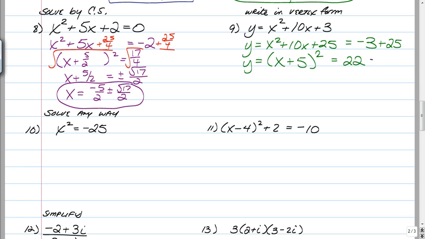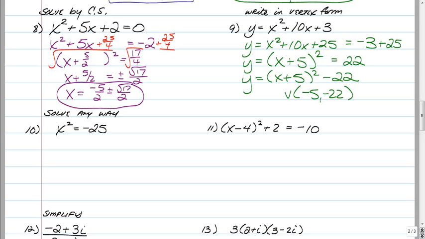So then, do not square root both sides. This is not solving. You just bring the 22 back to the left side. So y is equal to (x plus 5) squared minus 22. And your vertex is negative 5, negative 22, if you are asked to write the vertex as well.